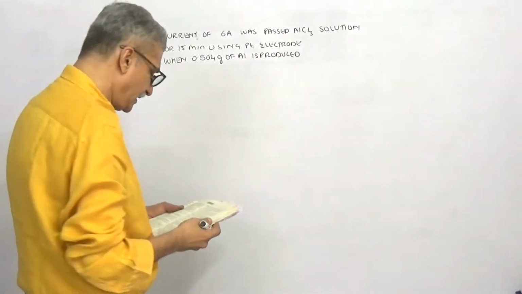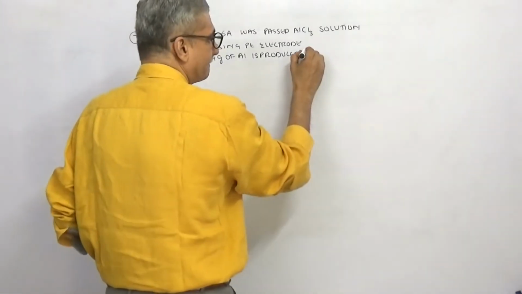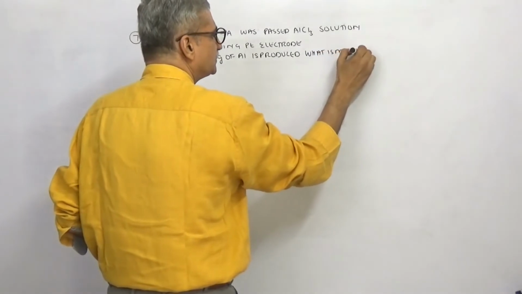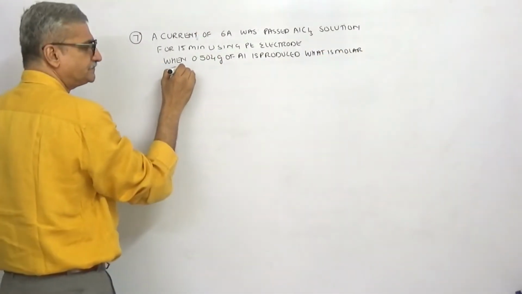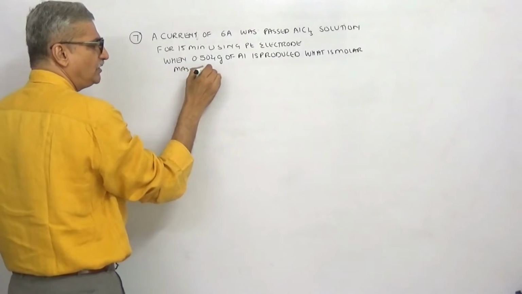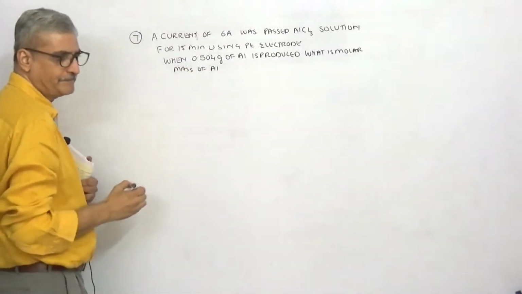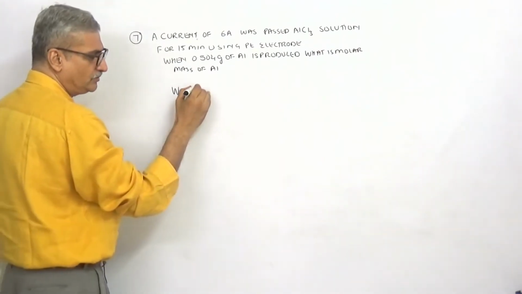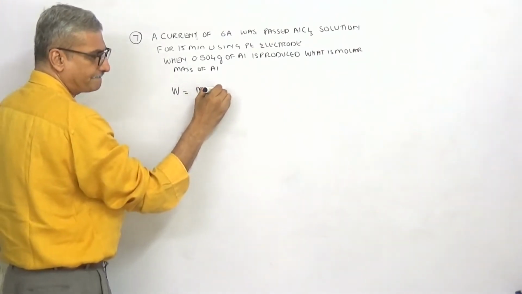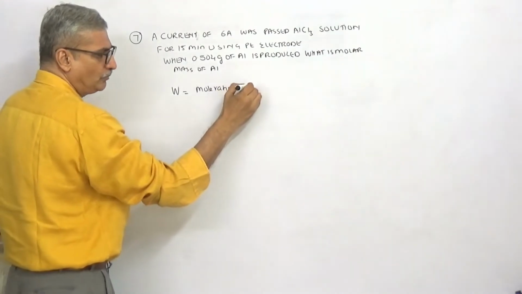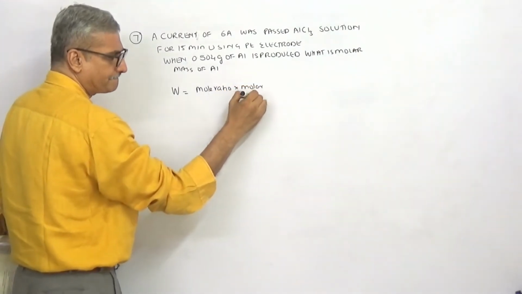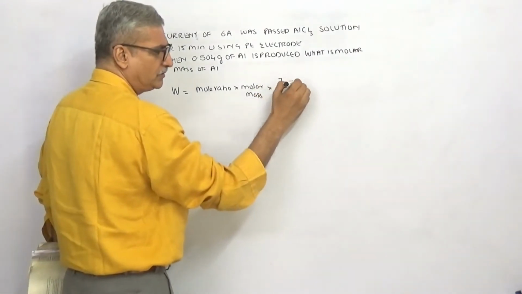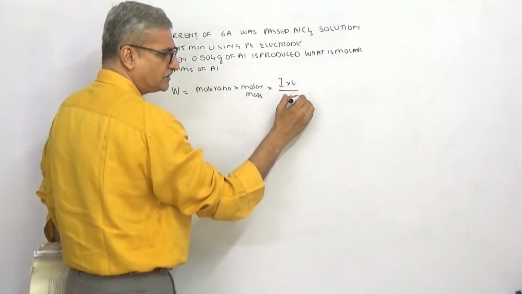So now the question that they are asking is, what is the molar mass of aluminium? See, the formula is W, the weight of this aluminium, will be equal to mole ratio into molar mass into I into T upon 96,500.